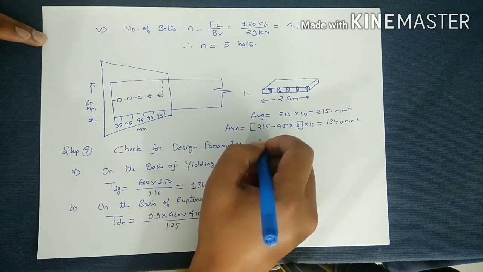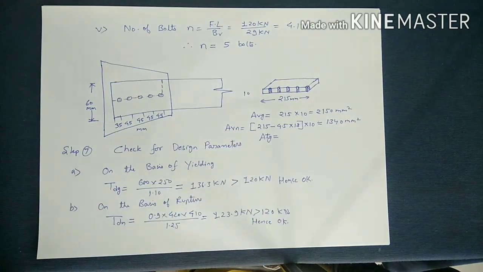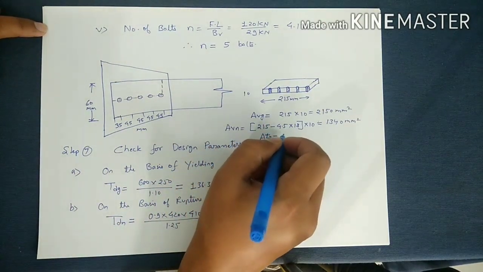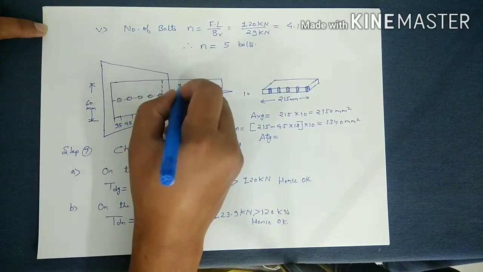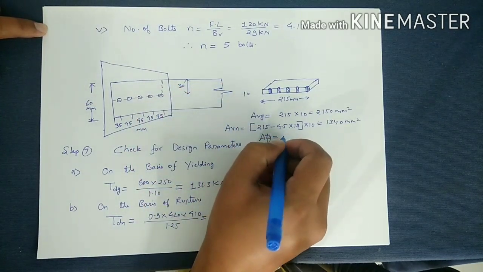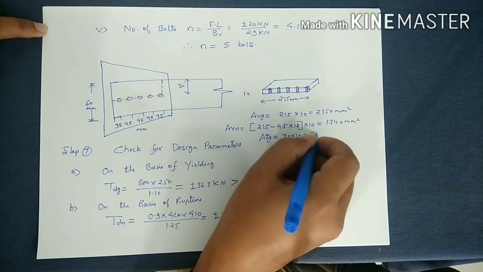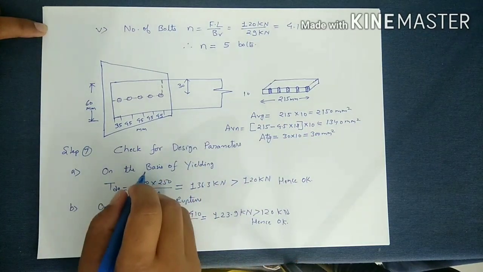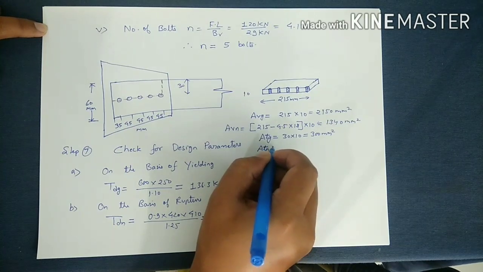Now we have to find ATG. Now ATG will be equal to this part, this is your tension part, that is 30 into 10, that will be equal to 300 mm square. Now we have to find the net area of the tension plane.